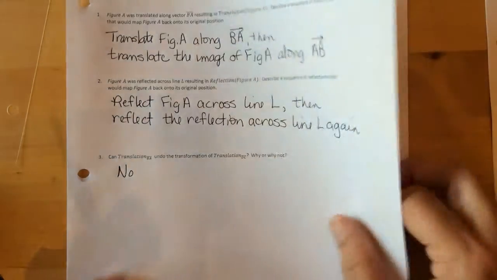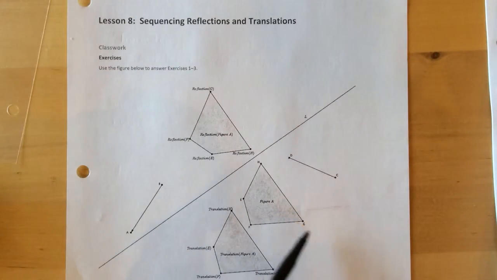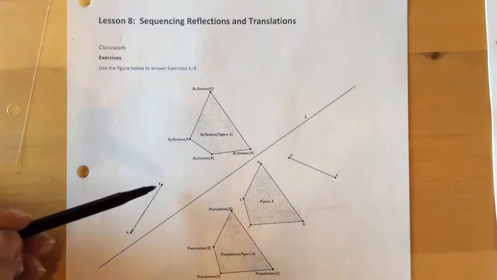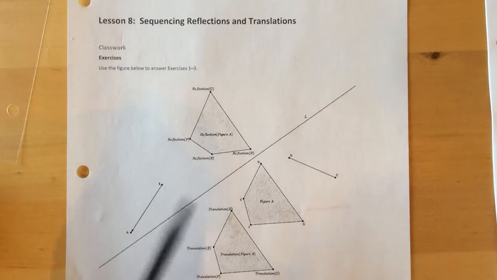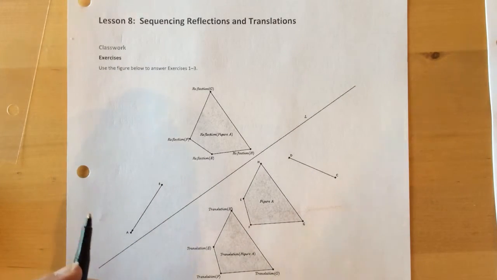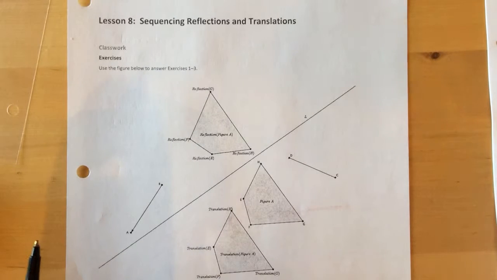So if we move down this way along DC to get back, we're going to need CD, and this would not be that translation, the undo of that. So go ahead and you can write that out for exercise 3, and then we'll come back and do another example together.